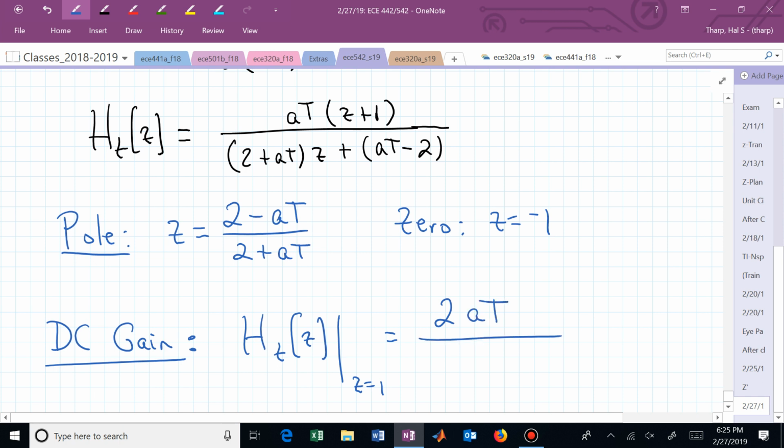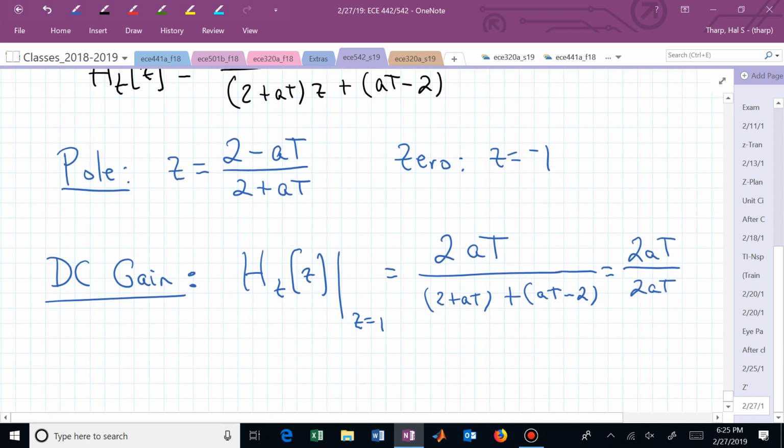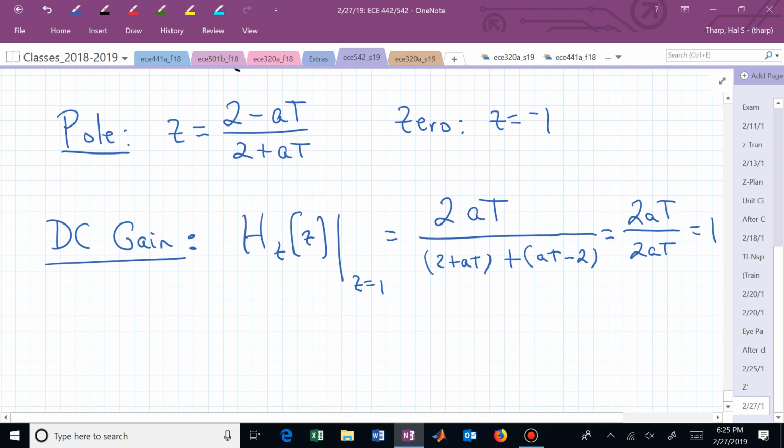And downstairs we have 2 plus AT plus AT minus 2. The 2's cancel, and we're left with the same expression in the numerator as denominator, so we're now dealing with, again, a DC gain of 1.